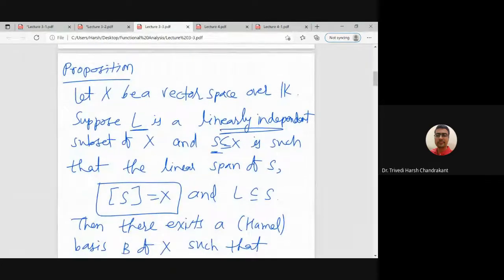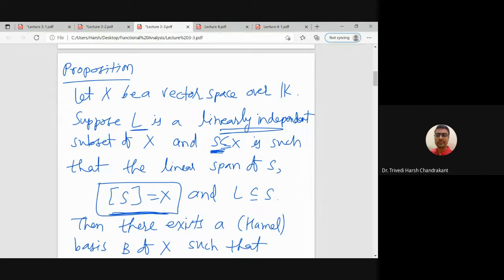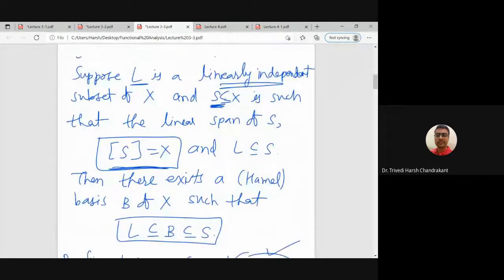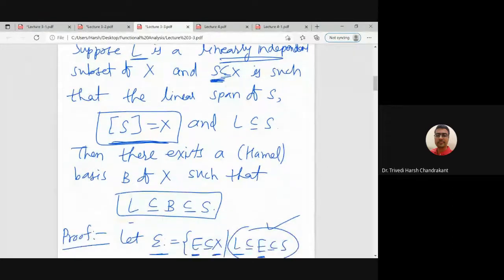Suppose we have a vector space X over a field K, L is a linearly independent subset of X, and S is a spanning subset of X. Spanning means its linear combinations give the whole vector space, and such a set is called a spanning subset of X. If we have a linearly independent subset which is contained in the spanning set, then we can find a basis which lies in between them. That is what we want to prove.